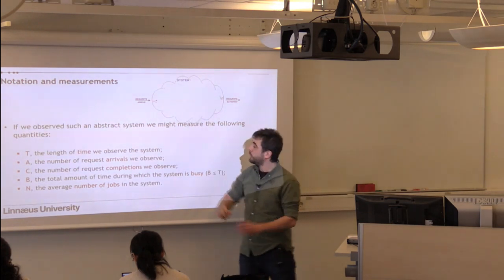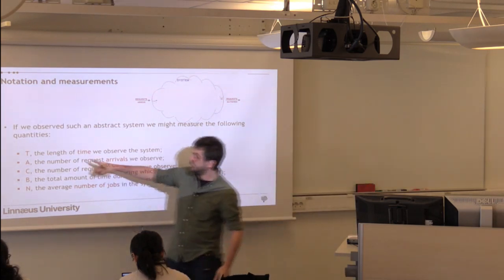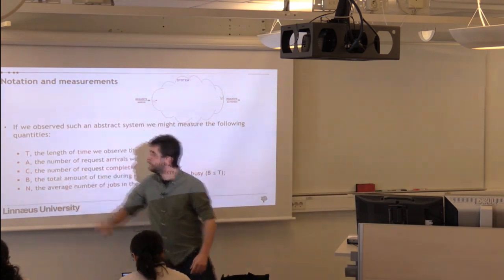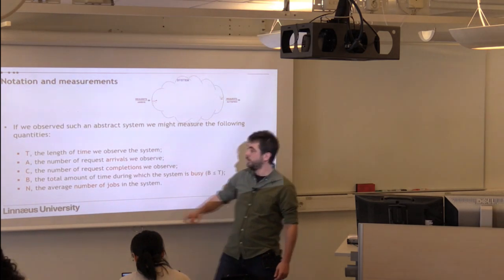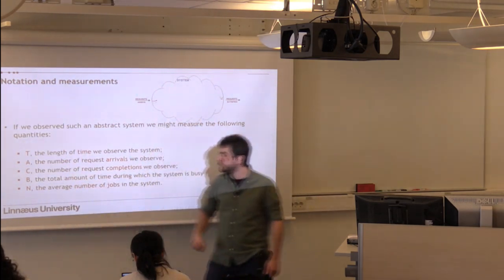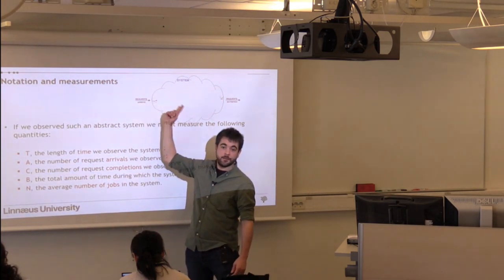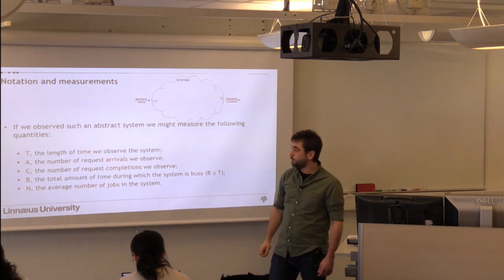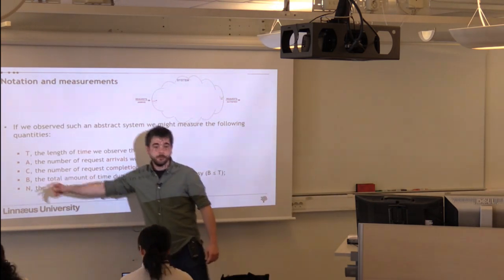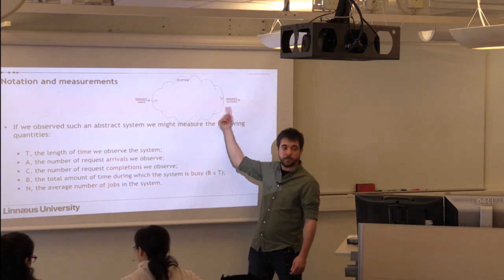So if we observe this abstract system, we might measure some quantities, like 5 quantities. T, the amount of time we're observing the system. So T from time. A, the number of arrivals, the number of requests that arrive to the system. C, the number of completions, number of jobs that complete.